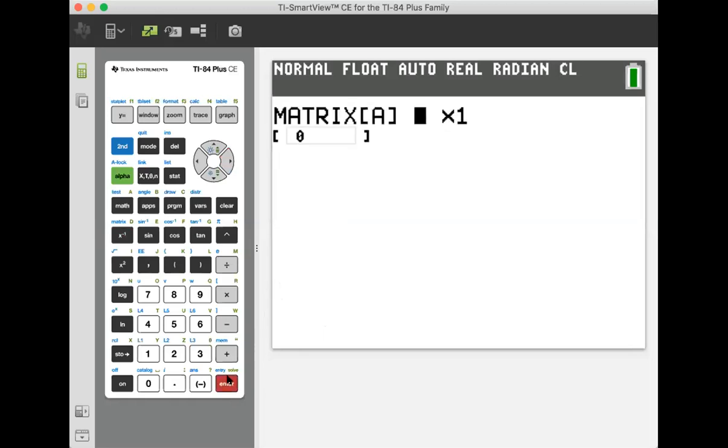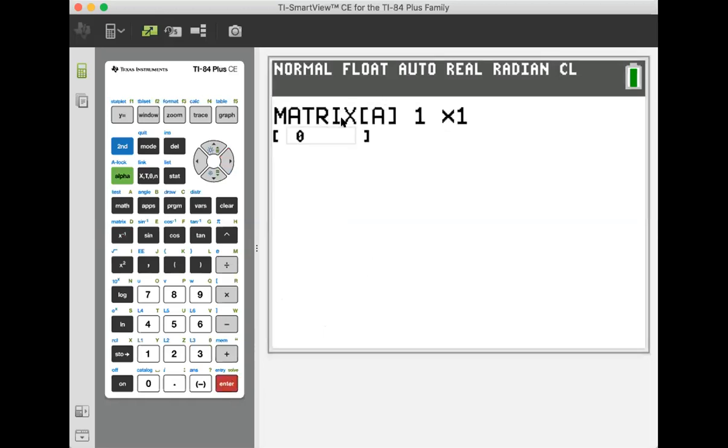And it's going to tell us that we're going to edit matrix A. The two numbers here at the top to the right of the name of the matrix are the number of rows and the number of columns. We had in our data 2 rows indicated by male and female.